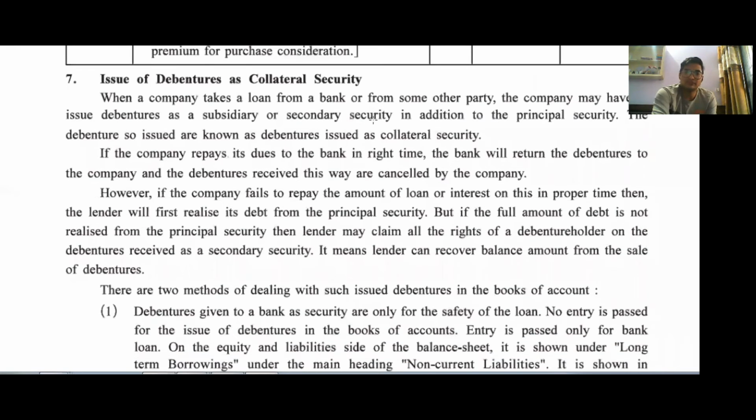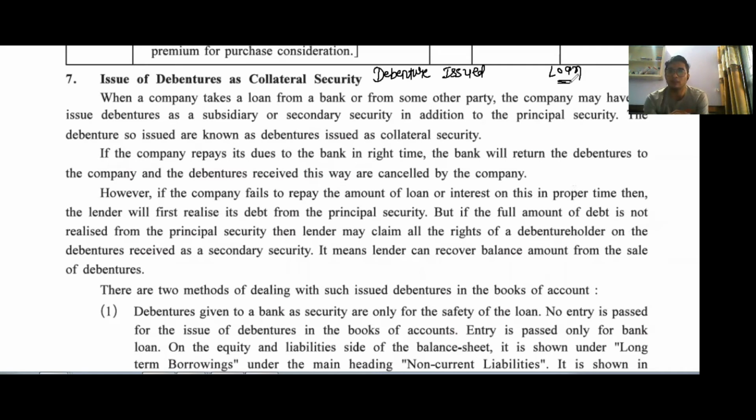Issue of debentures as a collateral security. Now, what is collateral security? If debentures are issued and the company requires a loan from the bank, then to the bankers we have to mortgage some asset.